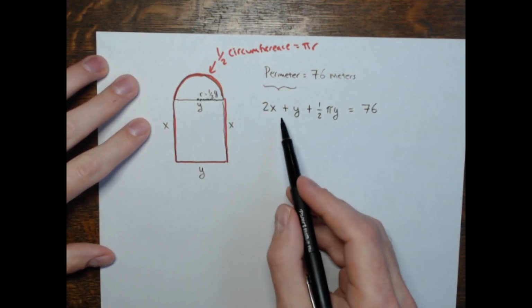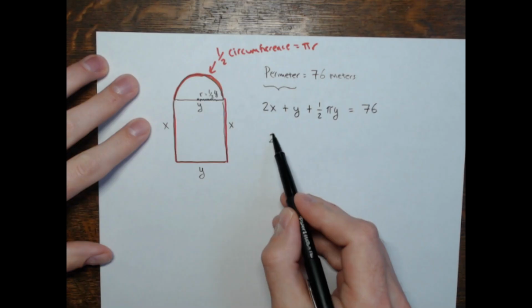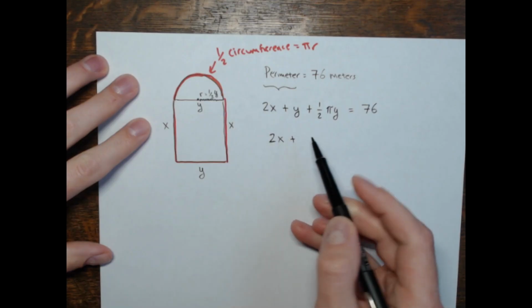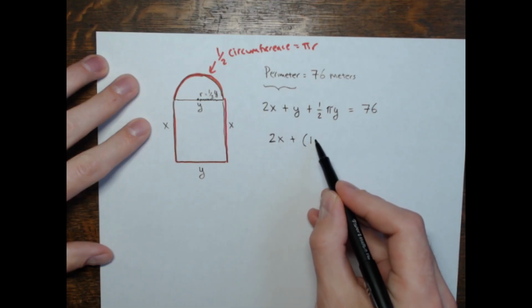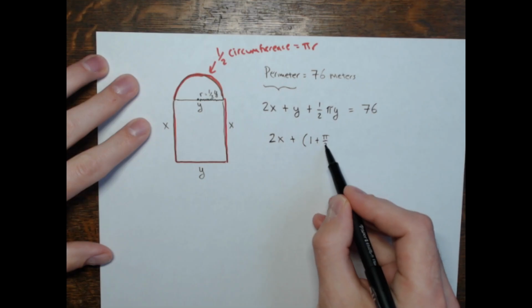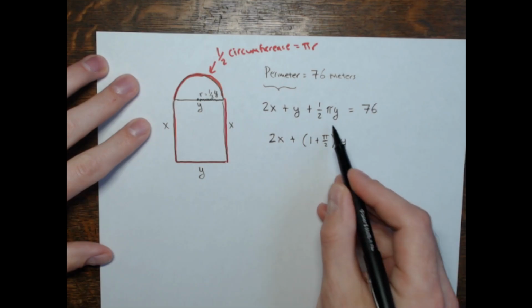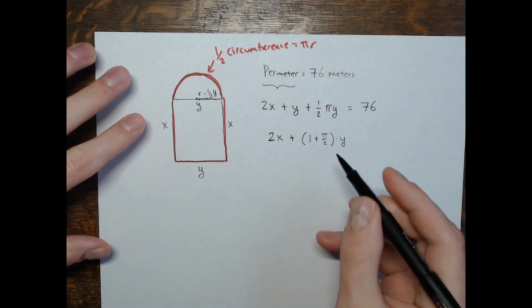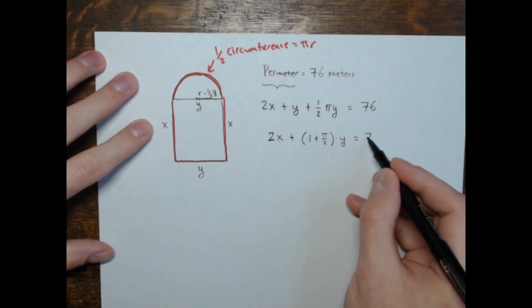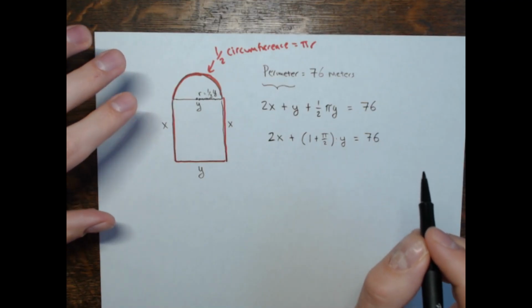Now, if you want to put the y terms together, you could. This is 2x plus (1 plus pi over 2) times y, if you pull the y out of both of these, and this must be equal to 76.